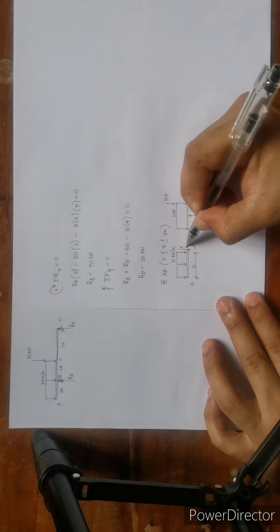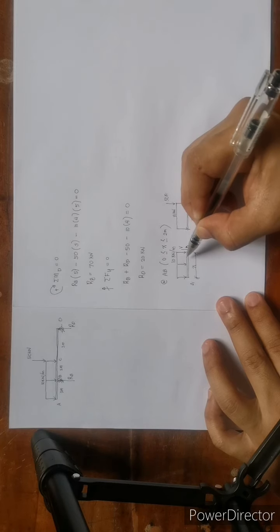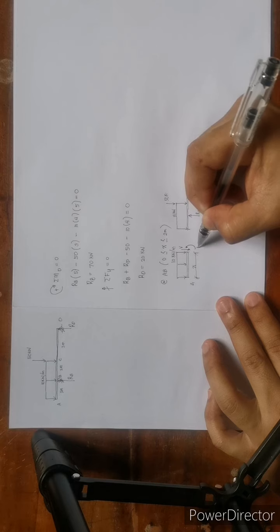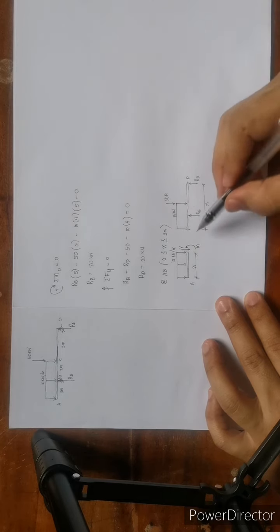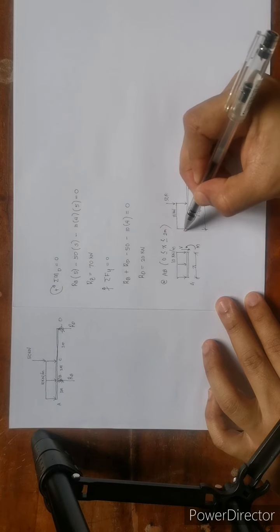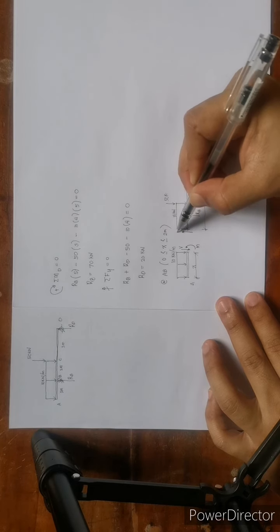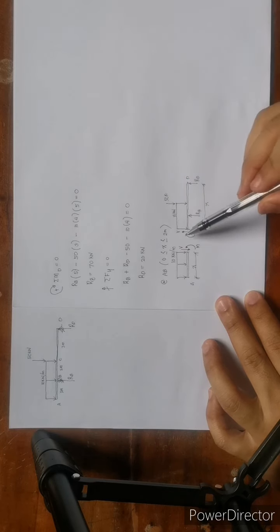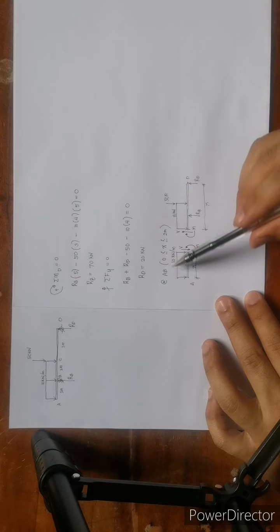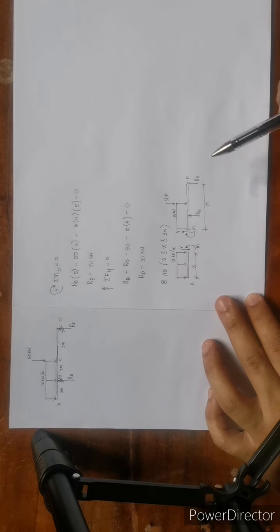And then, meron tayong moment, which is always counterclockwise direction dahil yun yung positive directions nila. Pero kapag ito naman yung kinonsider natin, ang magiging positive direction ng shear natin ay going upward, and yung magiging positive direction ng moment natin is clockwise direction. Again, we will not consider this one. We will consider this diagram.